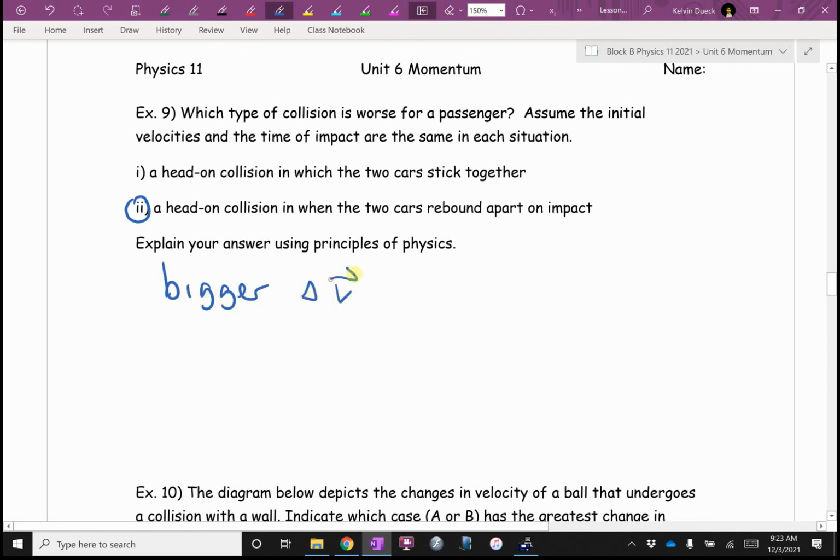Bigger delta V, which means bigger impulse, which means bigger force. Yeah.